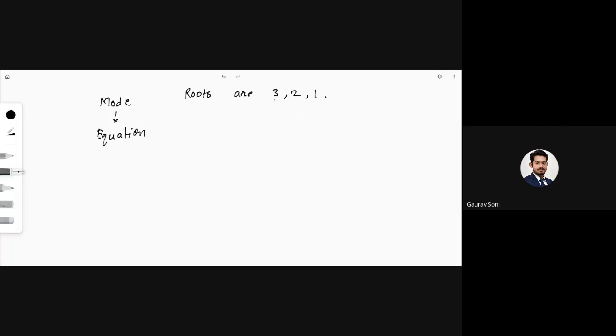Now, all three are real and distinct. So the solution yc is equal to c1 e to the power 3x plus c2 e to the power 2x plus c3 e to the power 1 into x.